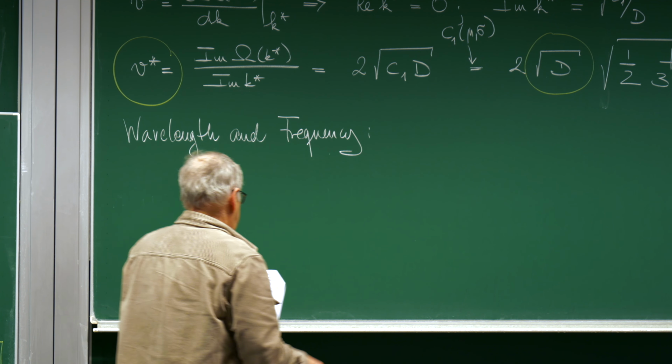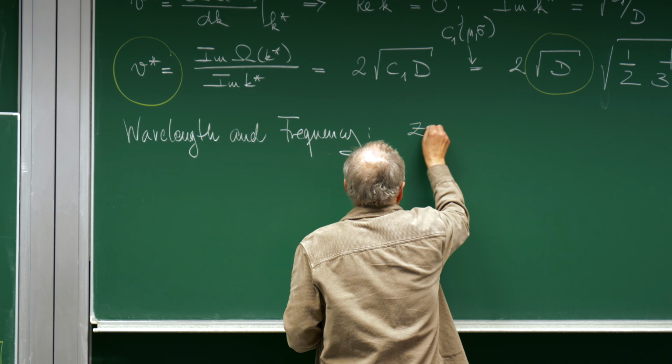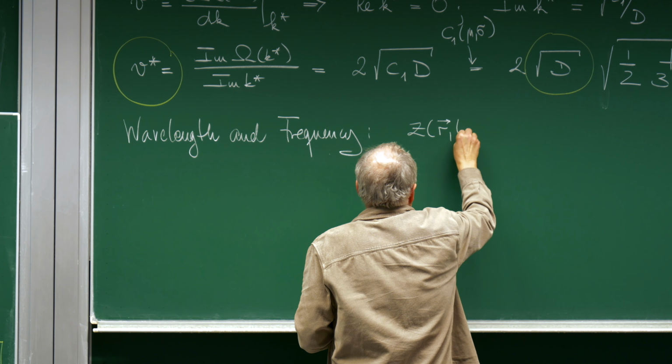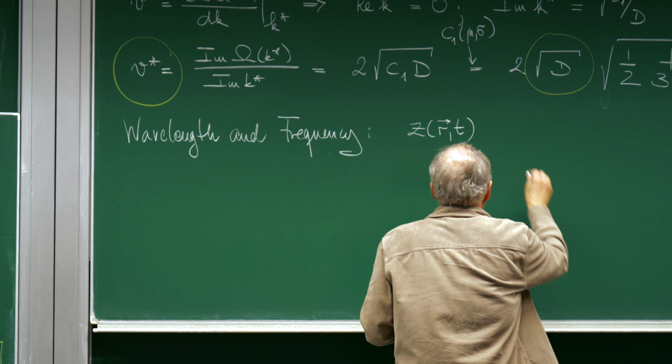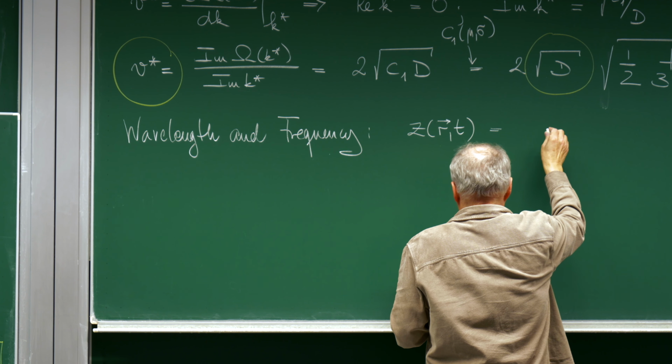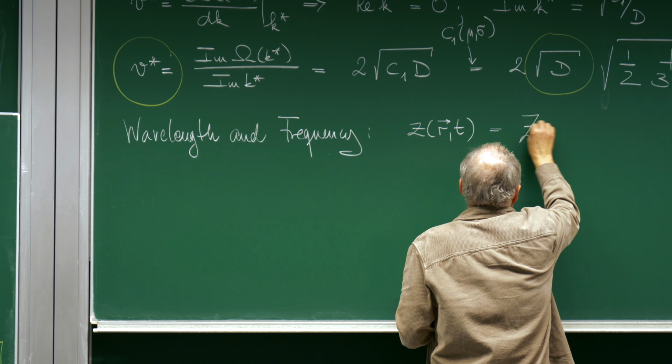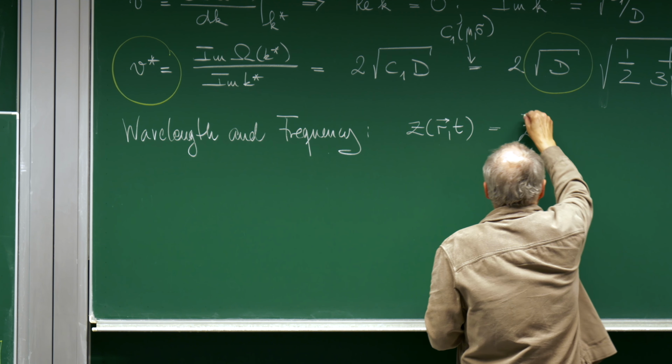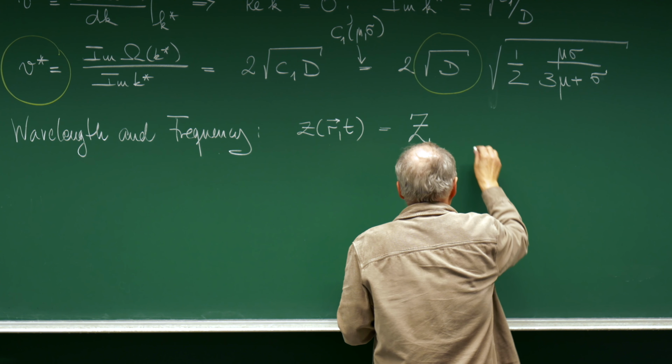So, but still, let's say we make an ansatz also for the nonlinear theory, which is of the same structure as before. Now let's take Z to be a constant, not depending on k.